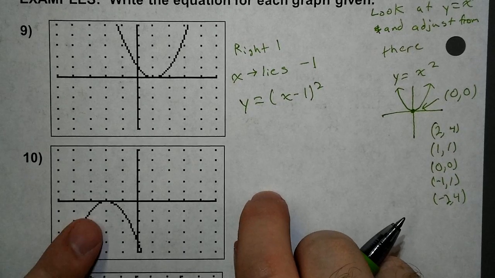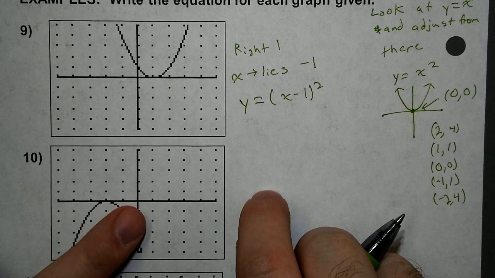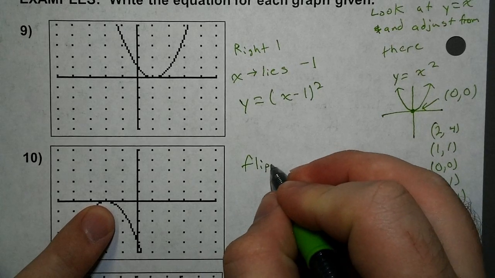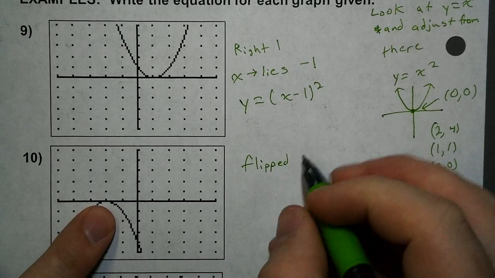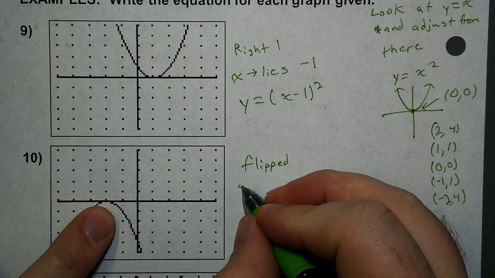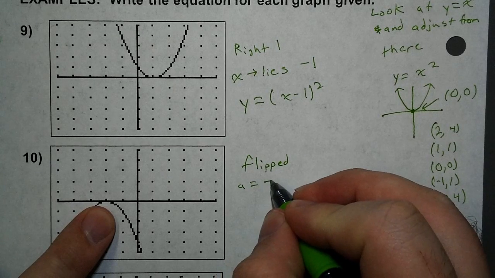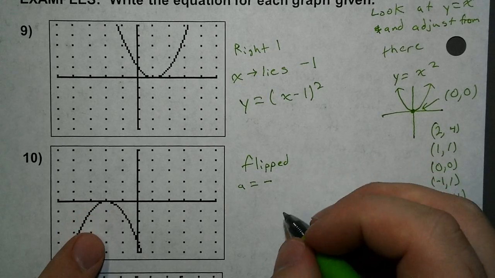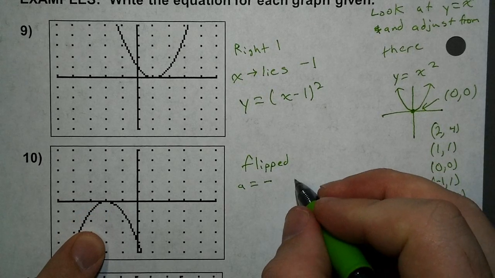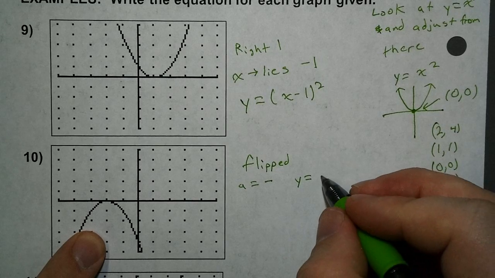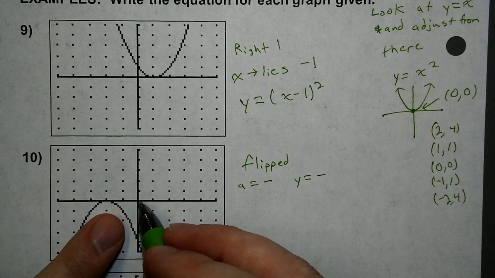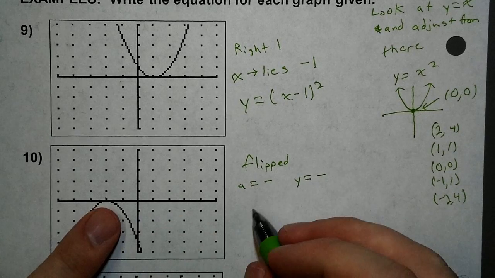Okay, on number 10, we see that it flipped and it moved. So when it flipped, remember, that means your a value is negative. So I know in my equation so far I'd get y equals negative, and then I'll do the rest. Now this one moves 2 spaces over.